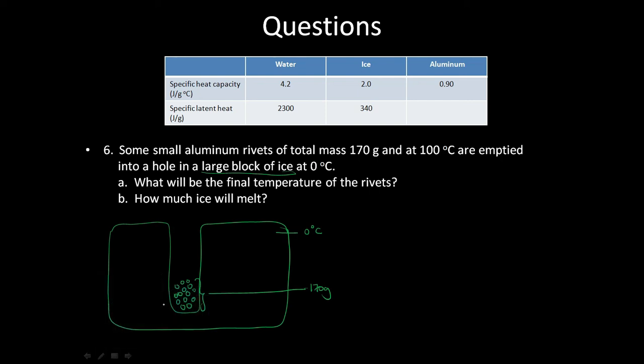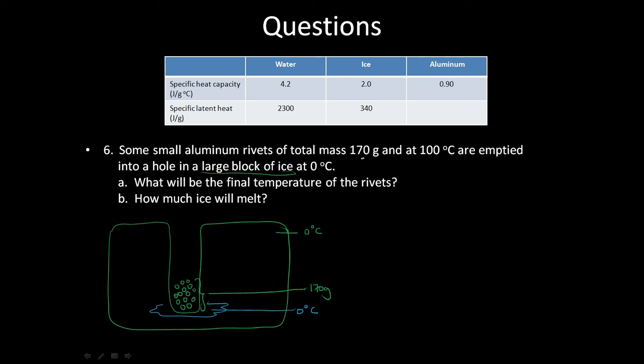It's just going to change the solid ice into liquid water, so we have some melting happening. This just changes the phase of the ice to water, and we can still have 0 degrees Celsius.